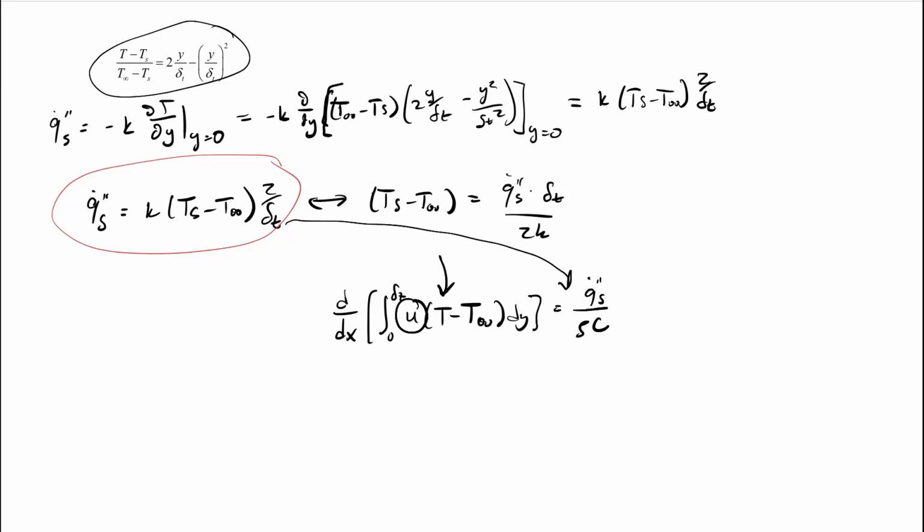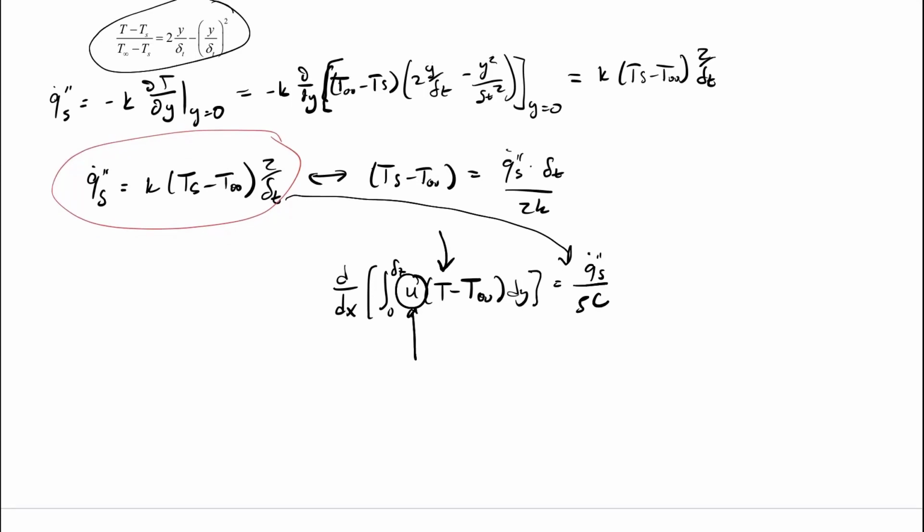We happen to have already done the velocity part, so let's use our previous assumption for u, which was u over u infinity equal to 2y over delta m minus (y over delta m) squared.